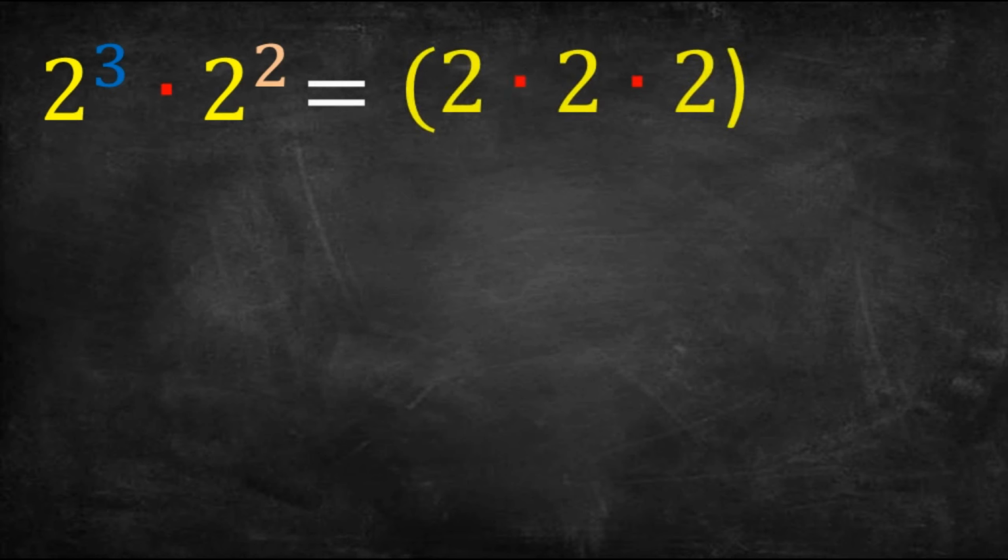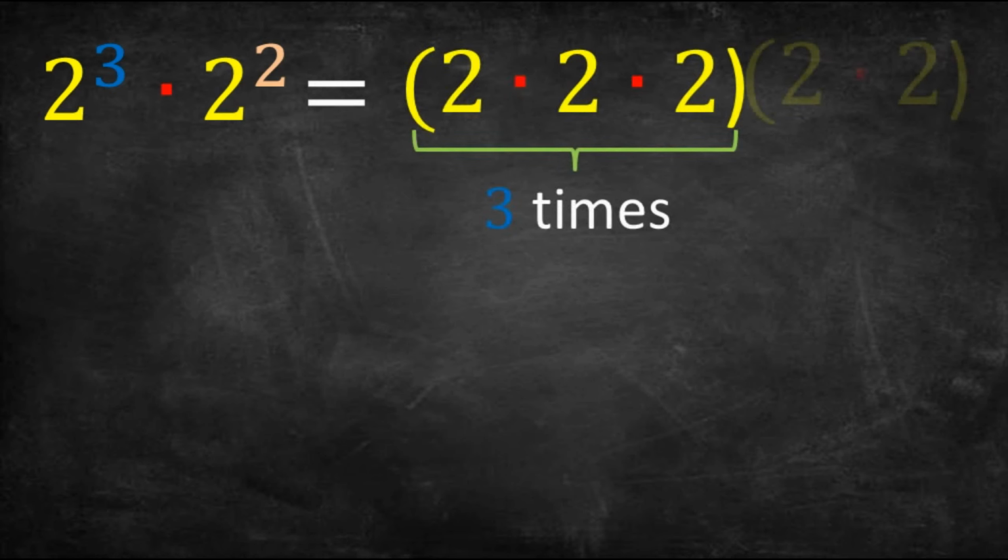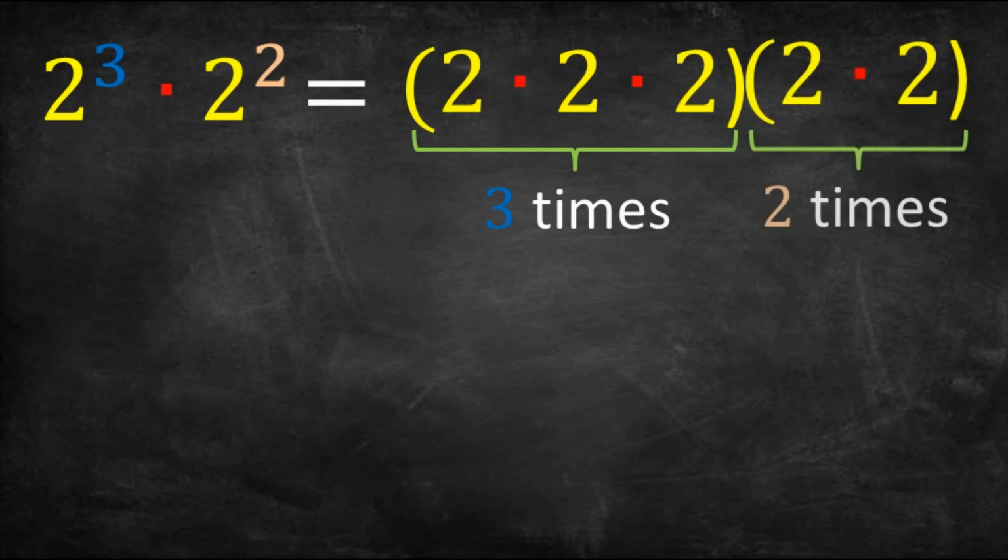Let's try and gain a better understanding of why the first law would work by looking at the previous example. When we say 2 cubed times 2 squared, we know that 2 cubed is 2 multiplied by itself 3 times, and 2 squared is 2 multiplied by itself twice.